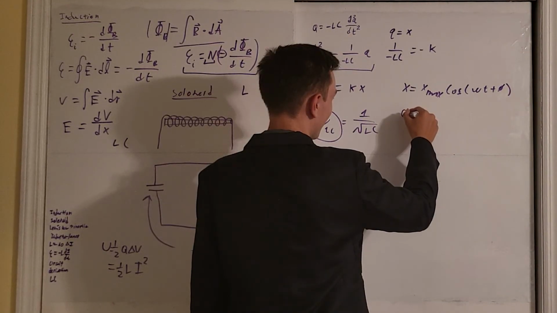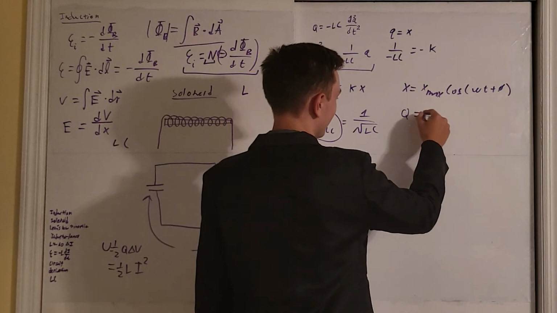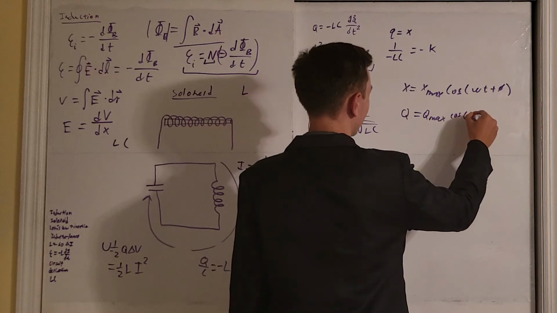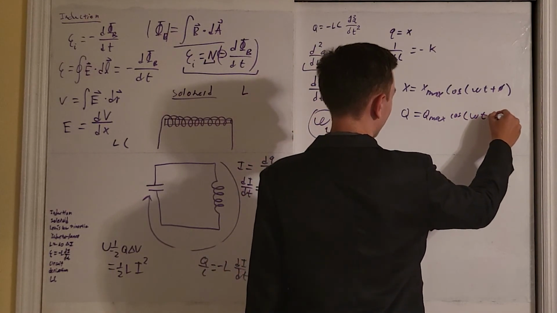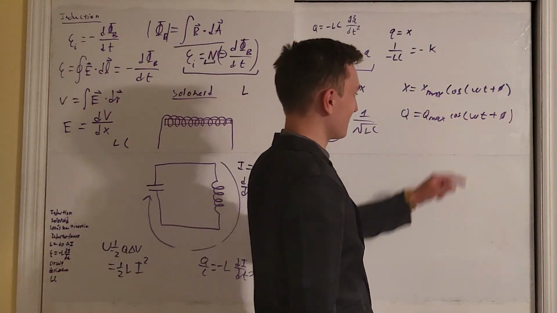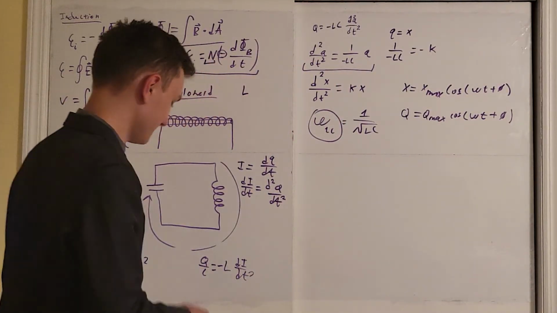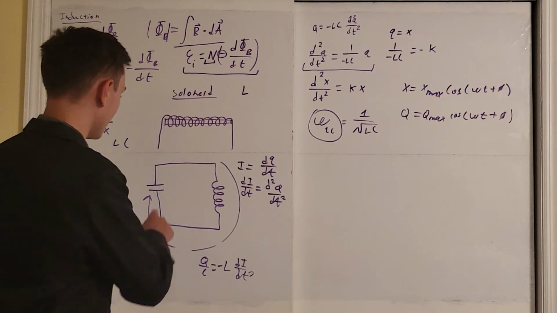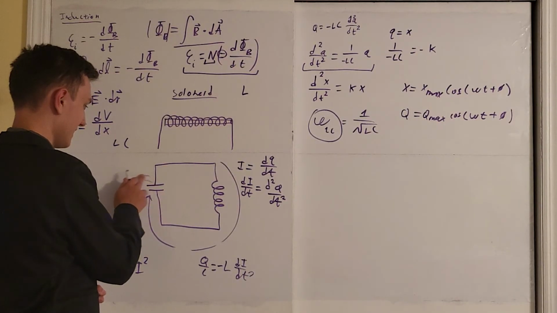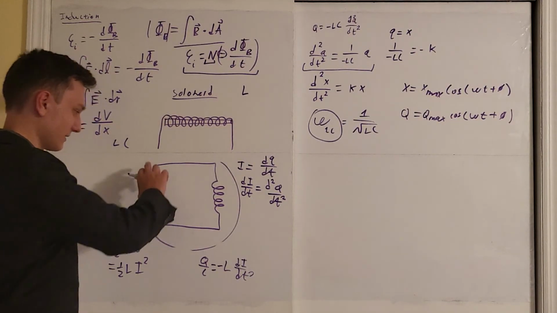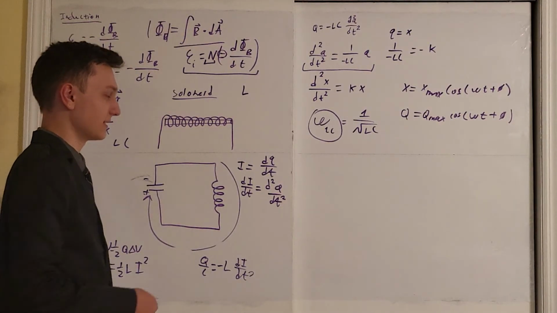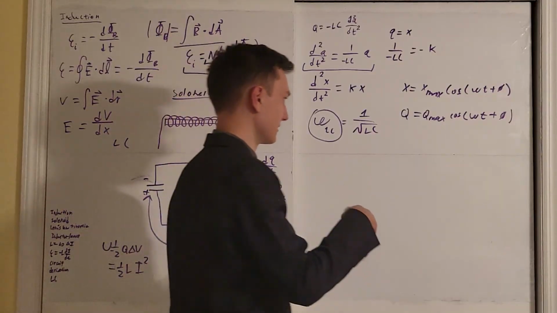Or charge on the capacitor equals the max charge on the capacitor times the cosine of omega t plus phi. And you'll notice here that since cosine oscillates between 1 and -1, the charge on our capacitor will oscillate between positive and negative. So the electric potential induced by the capacitor is going to oscillate between positive and negative values.